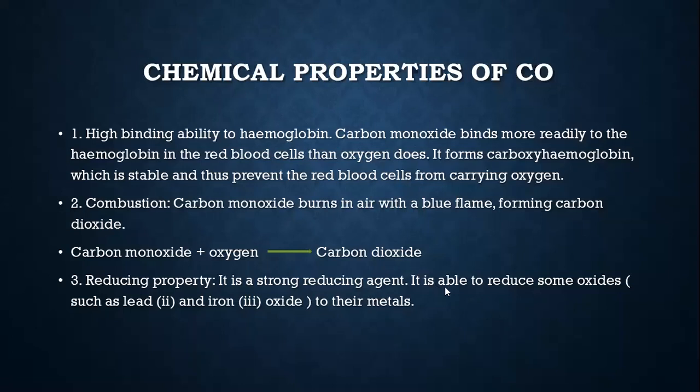It is able to reduce some oxides like lead 2 oxide or iron 3 oxide to metal, and this is extensively used in metal industries where we have extraction of metals. If you want to do the extraction of iron or lead in the industry, they use carbon monoxide a lot to reduce the oxide to make sure that they get the metal itself.